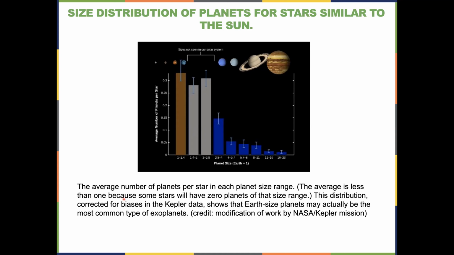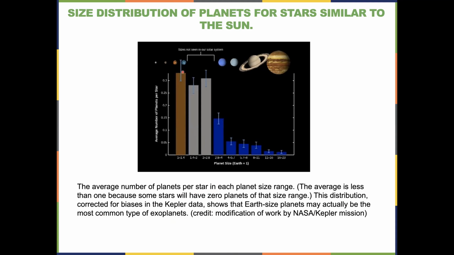This shows the average number of planets per star in each planet size range, right? And this distribution, corrected for biases in the Kepler data, shows that Earth-sized planets may actually be the most common type of exoplanets, right?